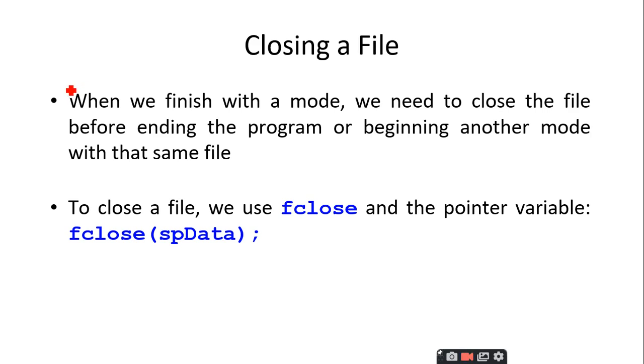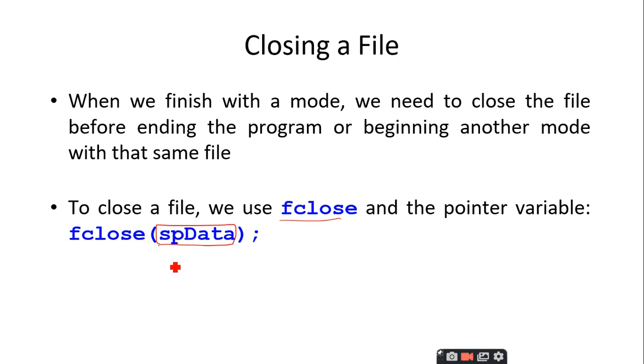And one particular function which helps in closing the file is the fclose function, a very simple function which has only one parameter, which is nothing but the pointer to the file which you have created in the first step, which you have used in the second step for fopen.